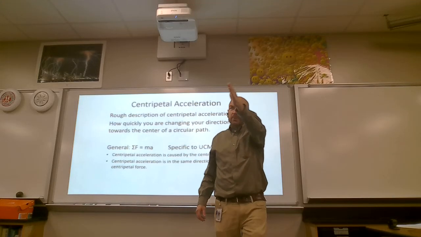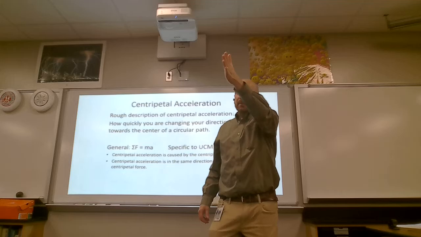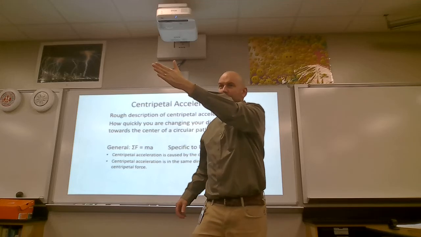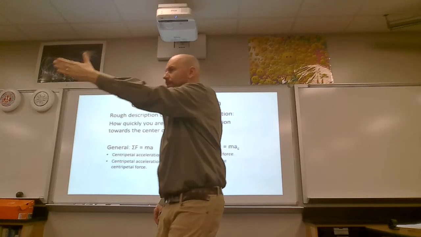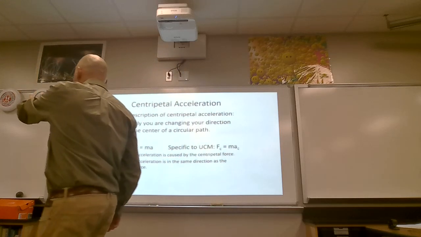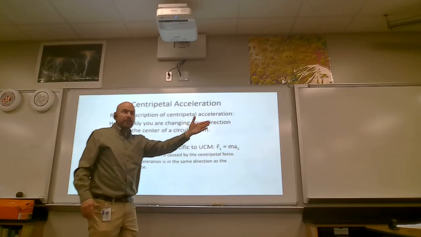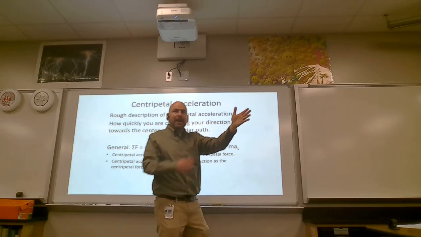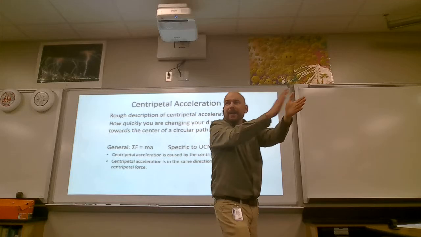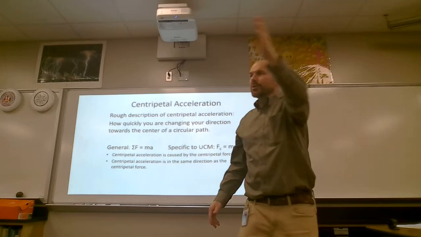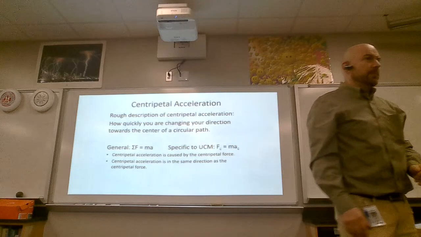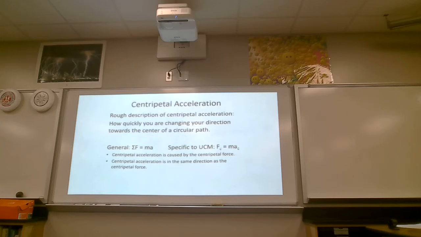So as I go in a circle, how quickly this velocity vector changes its direction towards the center of the circle speaks to centripetal acceleration. I'm not changing the magnitude of my speed, I'm just changing the direction of my velocity. You okay with that? Okay.